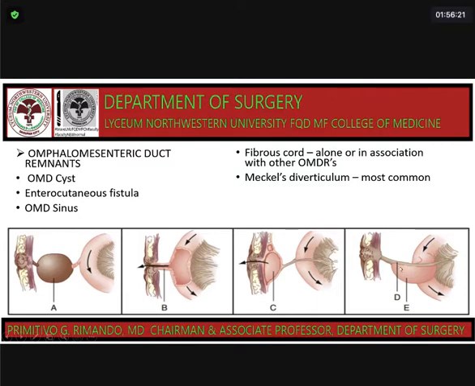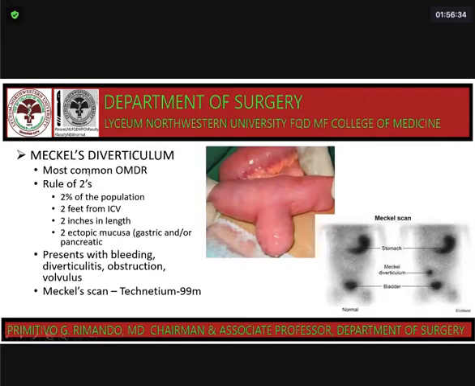It can be just a fibrous cord, or we have what we call your Meckel's diverticulum. We know your Meckel's diverticulum is your most common omphalomesenteric duct remnant.